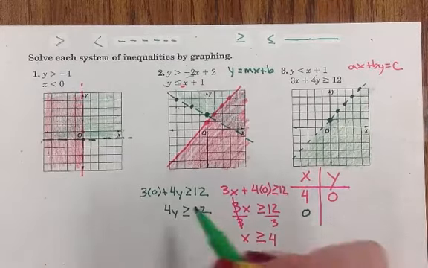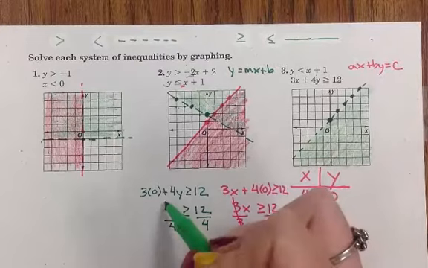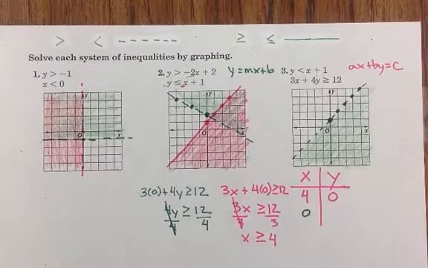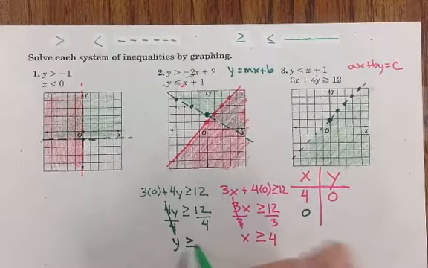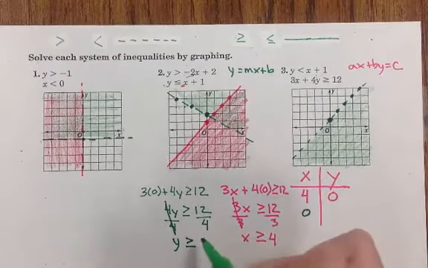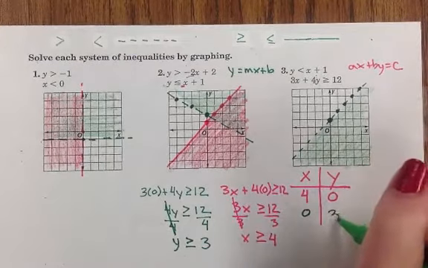And to get y by itself, we have to divide both sides by 4. And so these 4's are going to cancel each other out. So we're going to be left with y is greater than or equal to 3. So we can plug 3 into our table.